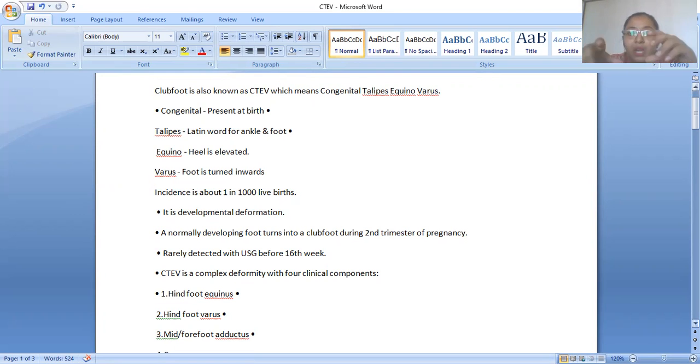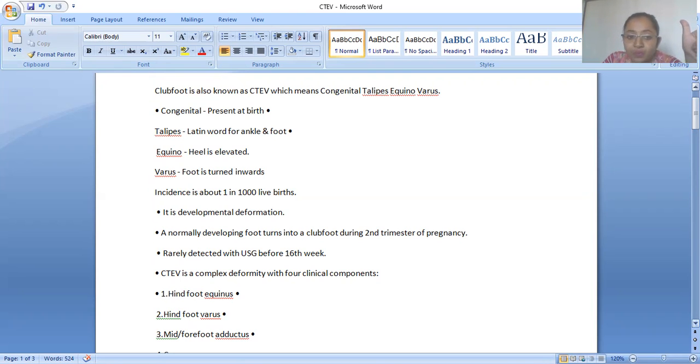And then the hindfoot is our talus and the back tarsals, that is the first row, navicular and calcaneum bones. So these are the hindfoot. So there are 4 components of CTEV, 4 types of clinical presentation of CTEV.